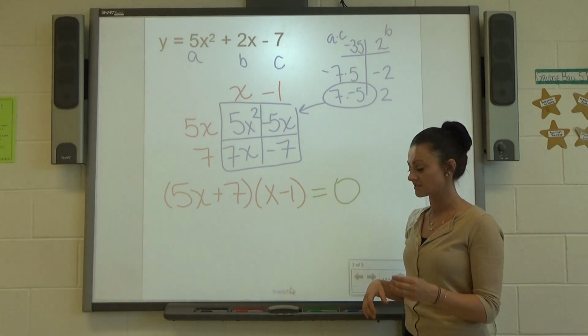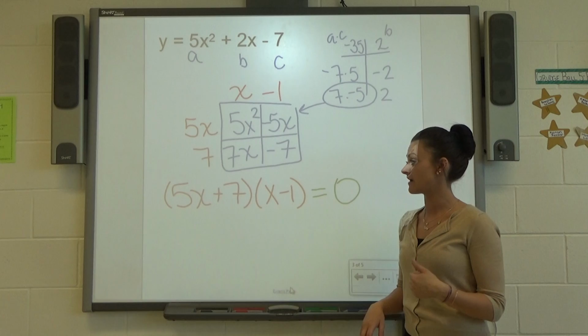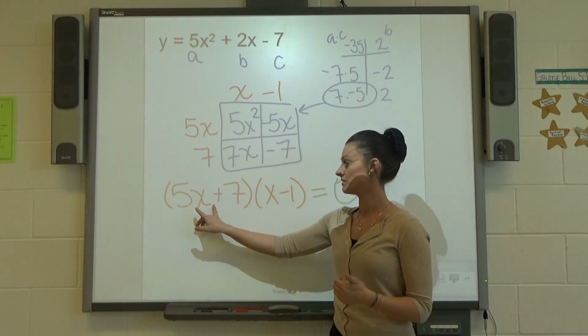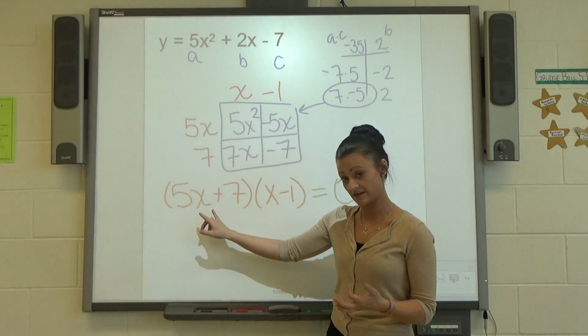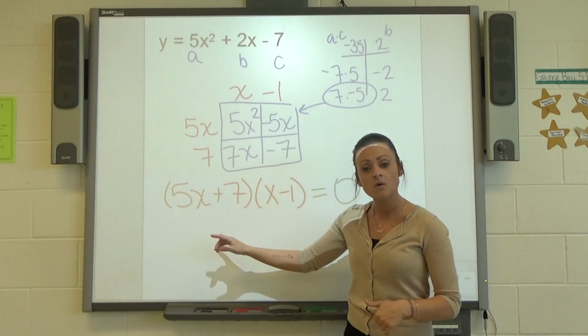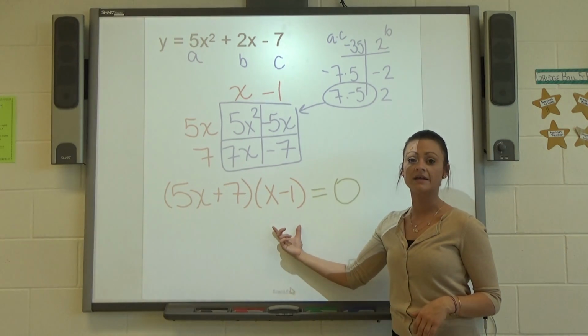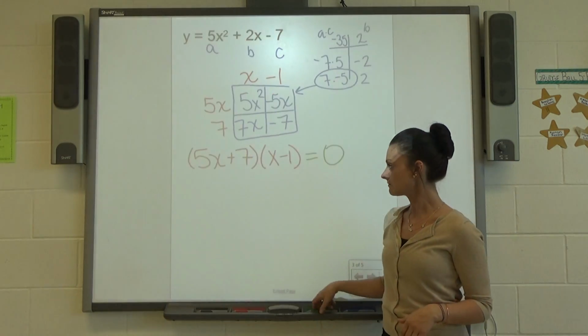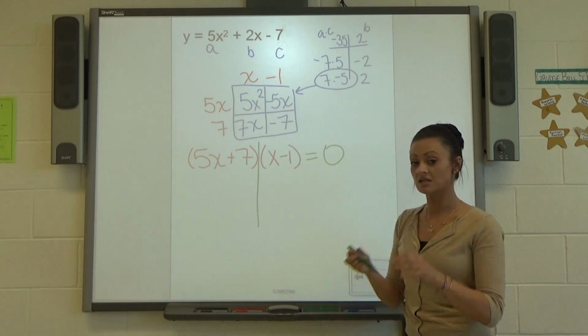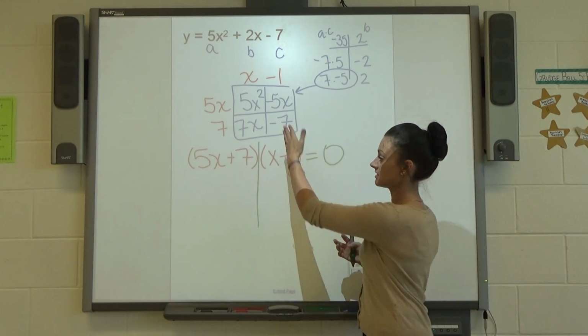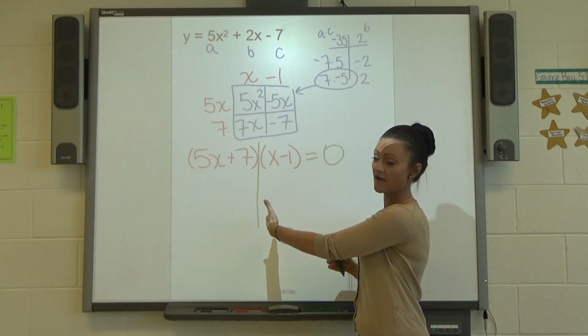And the only way that that's going to happen is if I find a value of x that makes 5x plus 7 end up being 0, or x minus 1 ending up as 0. So what I do, just to keep everything separate, is I'm going to split these right down the factors.